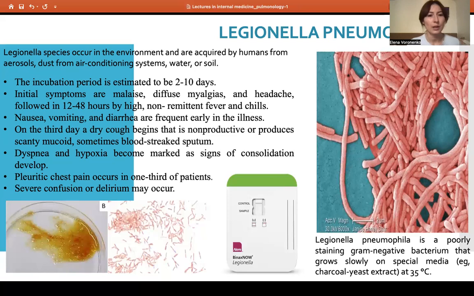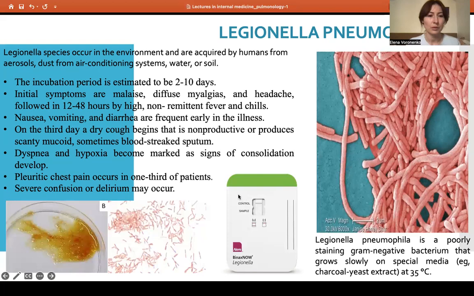On the third day, a dry cough begins that is non-productive or produces scanty mucoid, sometimes blood-streaked sputum. Dyspnea and hypoxia become marked as signs of consolidation develop. Pleuritic chest pain occurs in one third of patients.